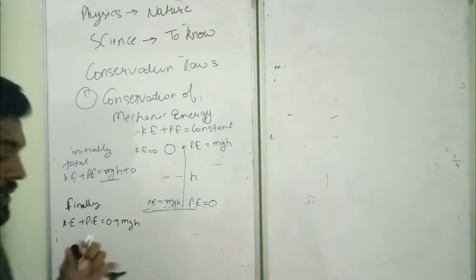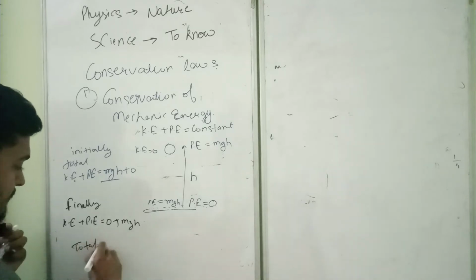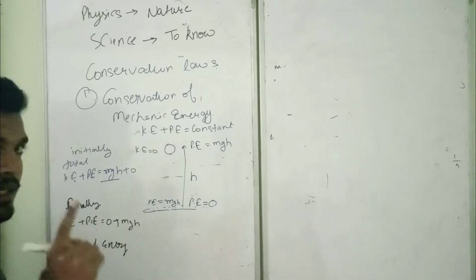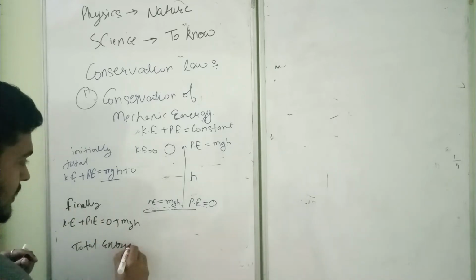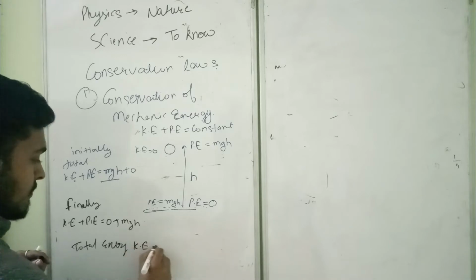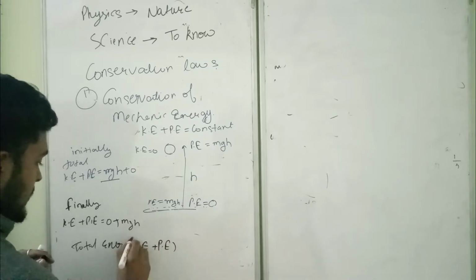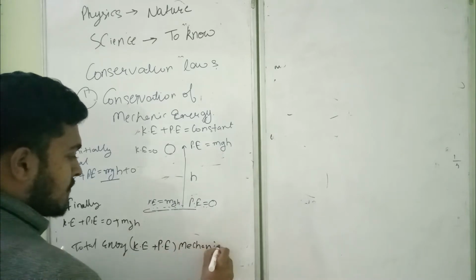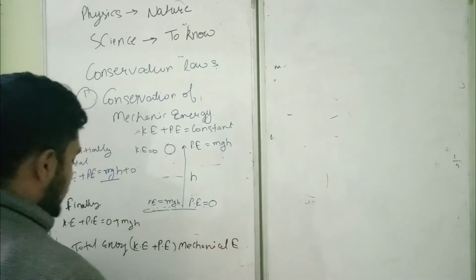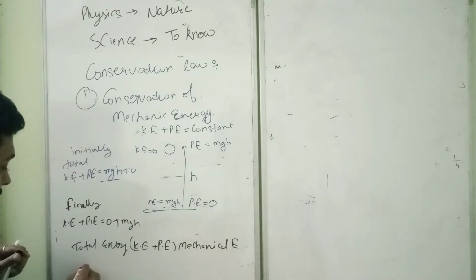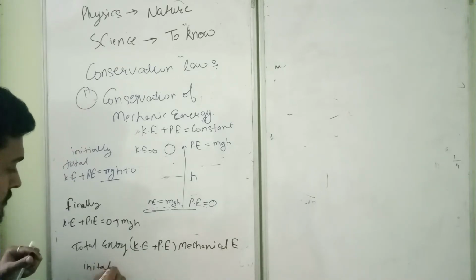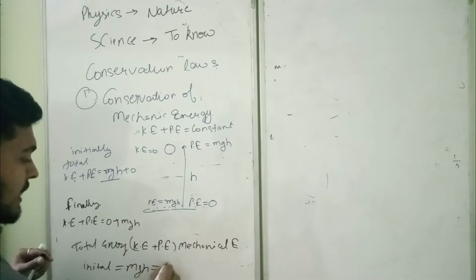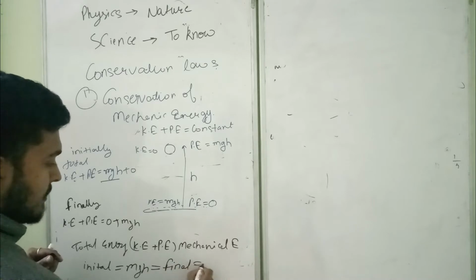So the total mechanical energy, not the total energy, total mechanical energy, kinetic plus potential energy, is equal to mgh initially, and is equal to mgh finally.